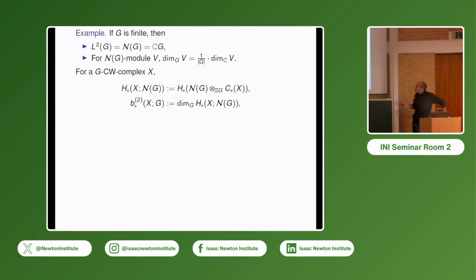And you define its L2 Betti numbers as the dimension of this homology. This homology will be a module over NG, because it will still have an action of NG from the left. So we can talk about its dimension, and in this context, it's exactly the L2 Betti numbers.